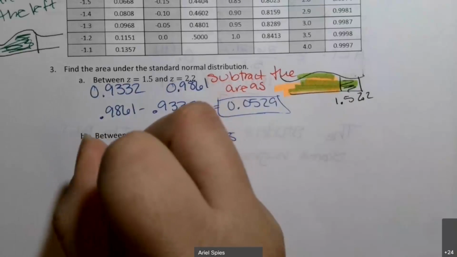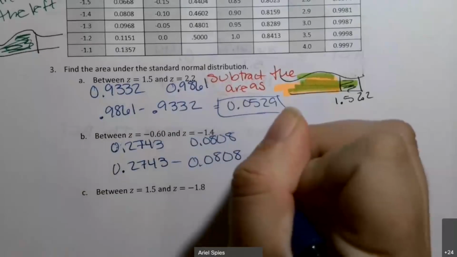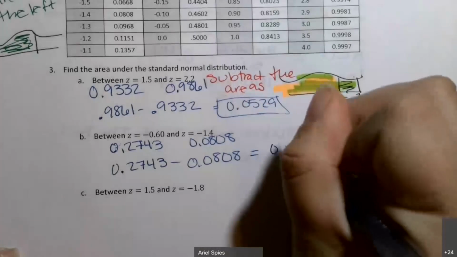So then I want to take the larger number, which is the 0.2743, and subtract the 0.0808, which gets us 0.1935.